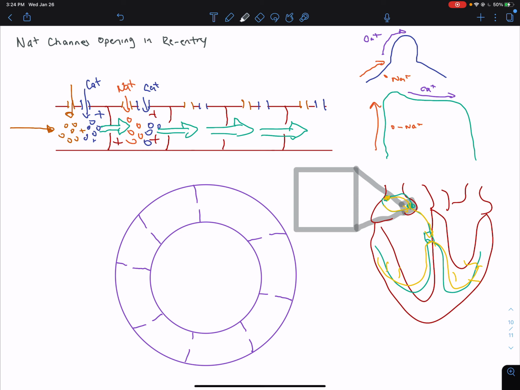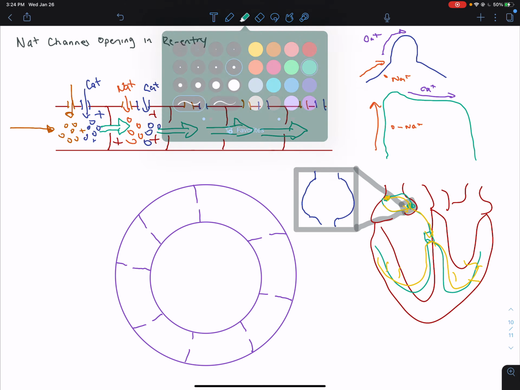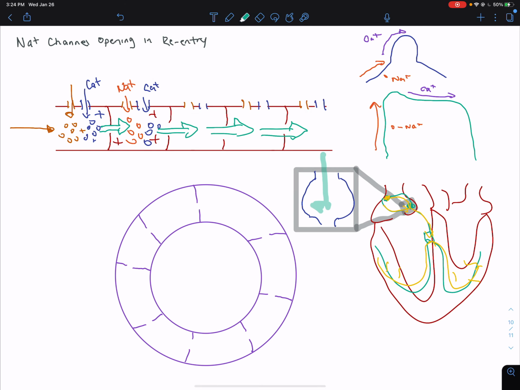So when we have critical timing, the formation of an accessory pathway, and then either a unidirectional block or a premature complex, and if this is our AV node, instead of having linear movement of ions and electricity moving downwards, we create a reentry pathway that creates more of a roundabout, or provides the opportunity for an impulse to wrap around itself.